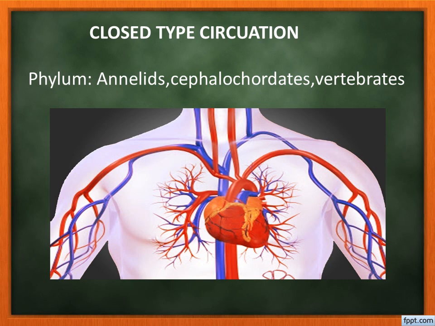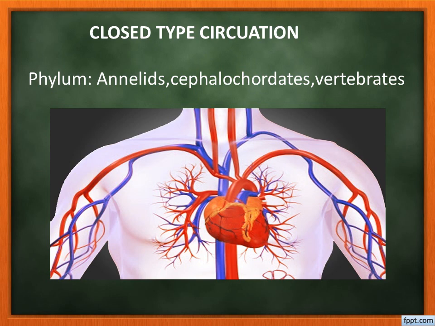In open type of circulation, there is no artery, no vein, no capillaries to carry the blood. But here, arteries, veins and blood capillaries will be there to transport the blood from one place to another place. Okay, so this system of closed type circulation is present in phylum annelids, cephalochordates as well as vertebrates.